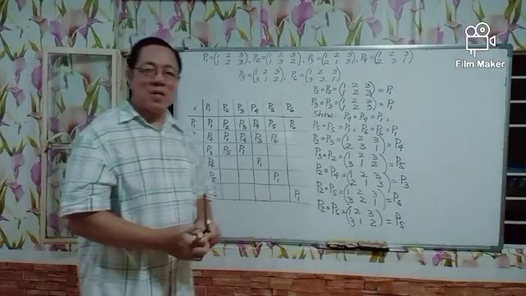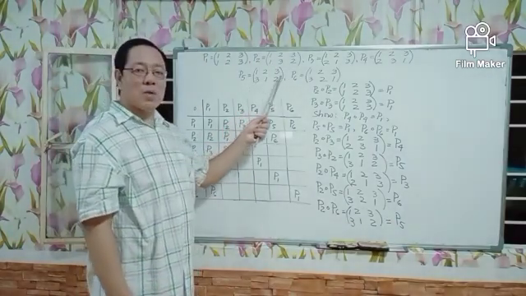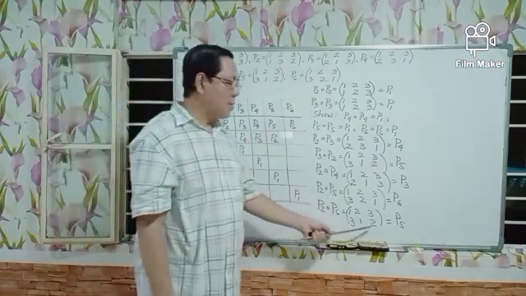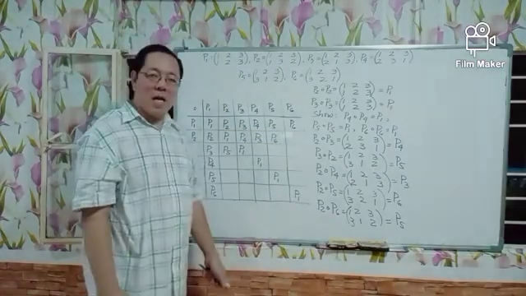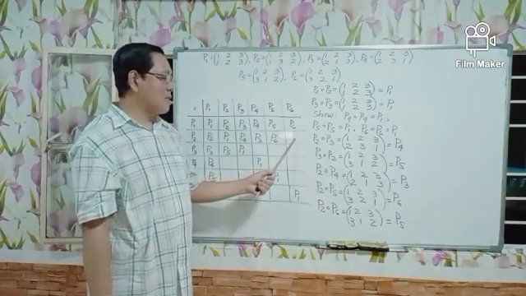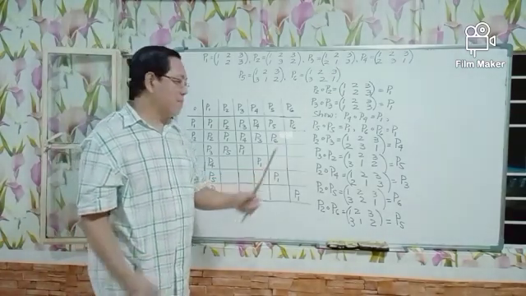P sub 5 is the function that assigns 1, 2, 3 to the numbers 3, 1, 2 respectively. We write the answer in the table. P2 circle P6 is P sub 5.